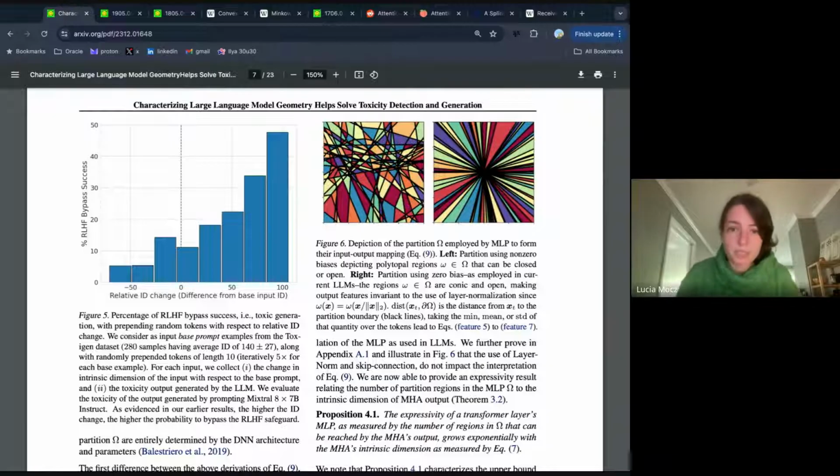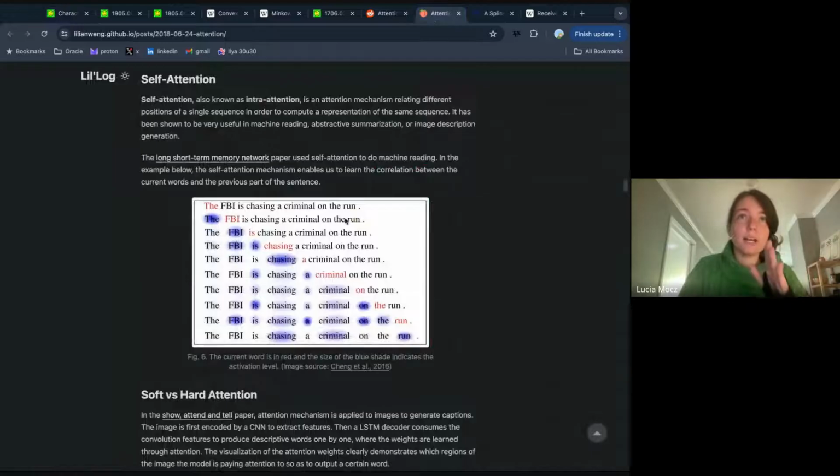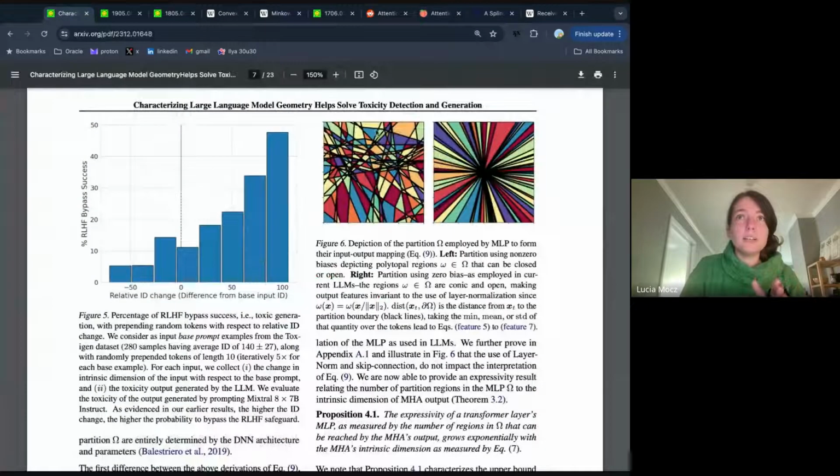My guess is that the way they use Proposition 4.1 is that when you have a prompt, each of the vectors is going to fall into one of these regions. For example, take the FBI is chasing a criminal on the run.